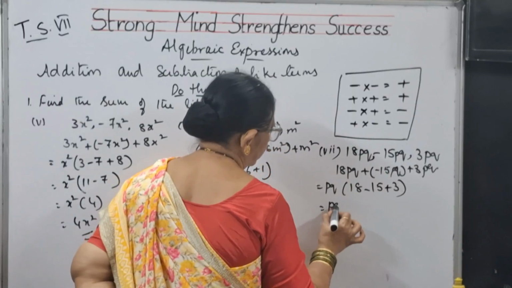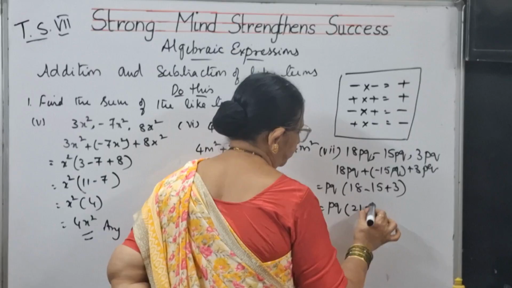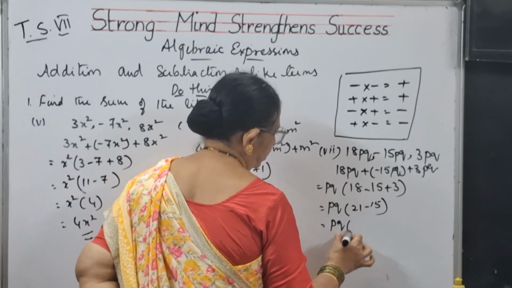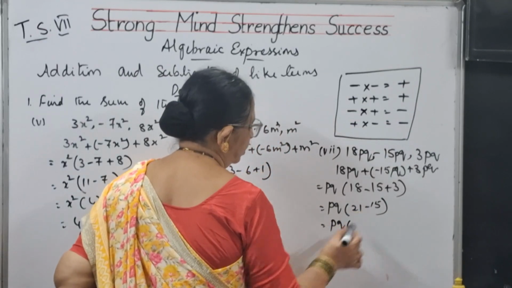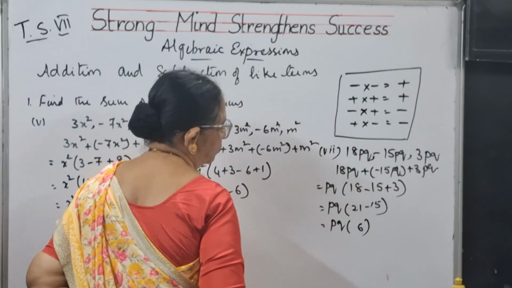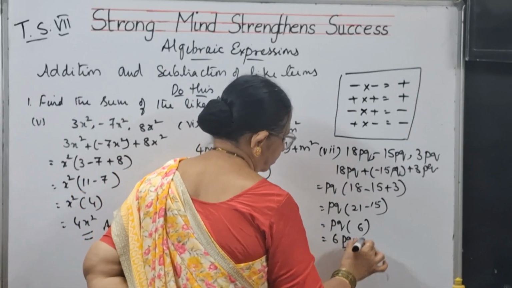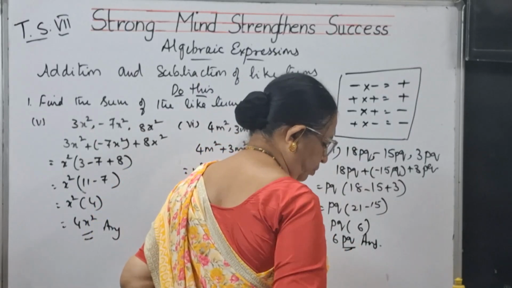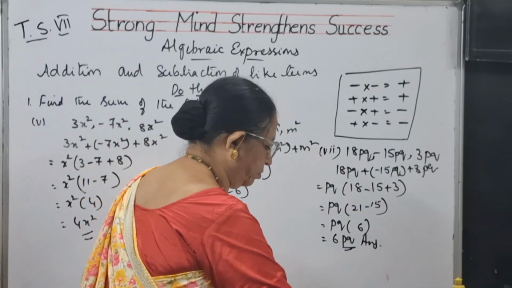That is equal to pq into 18 plus 3 is 21 minus 15. That is pq into 6. So 21 minus 15 is 6. 6pq, this is the answer. Children, these all are the do this first bits. You copy them.